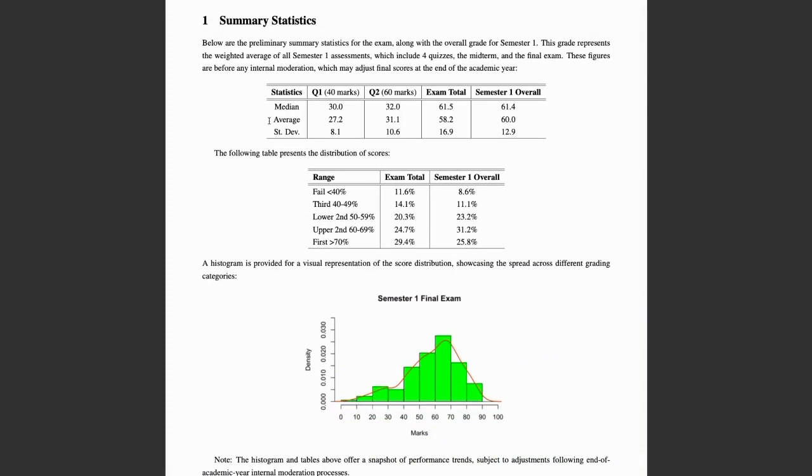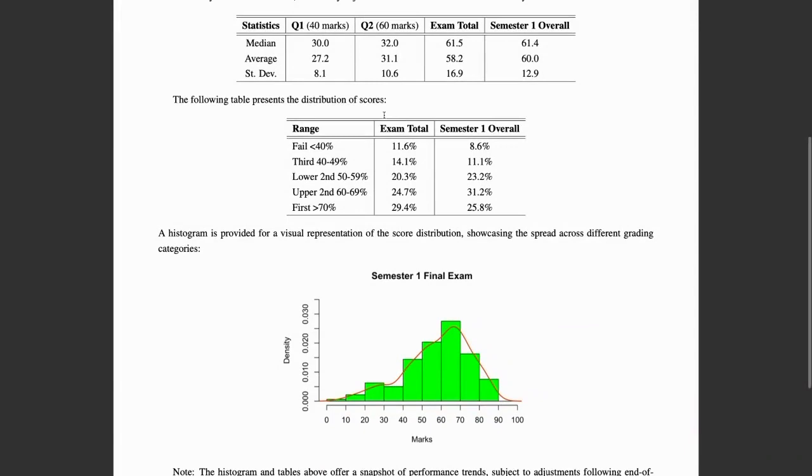On average, one thing before I comment: these summary statistics are just raw ones. They are subject to internal moderation, which typically happens at the end of the academic year. We can see that on average, you did a good job.